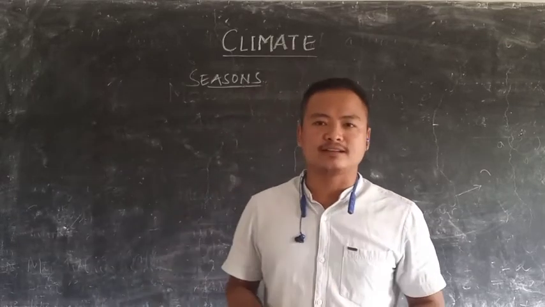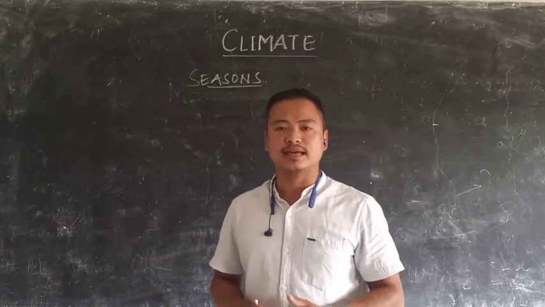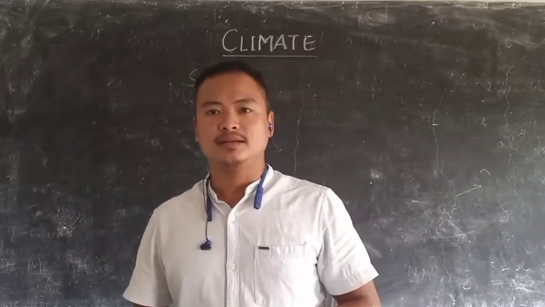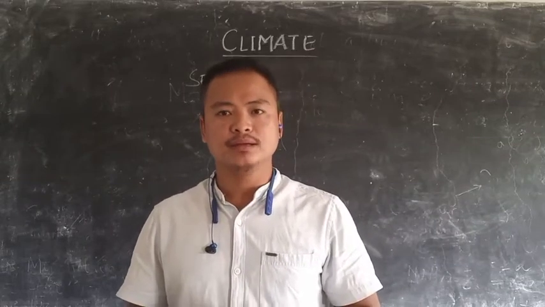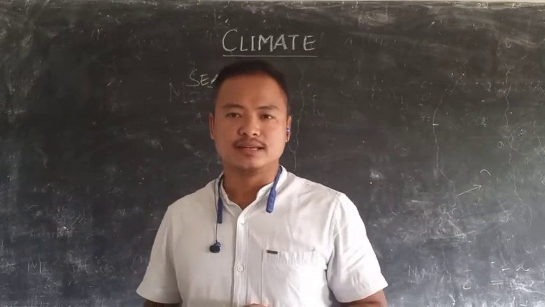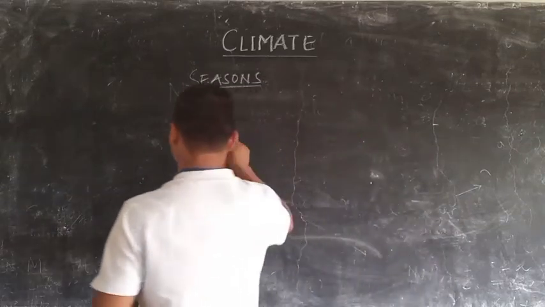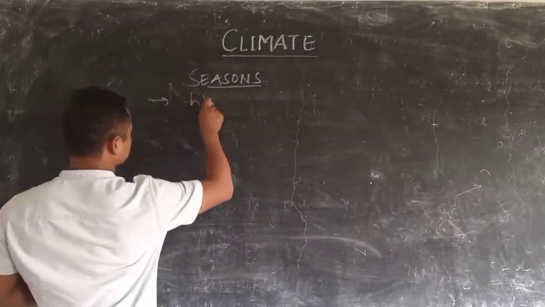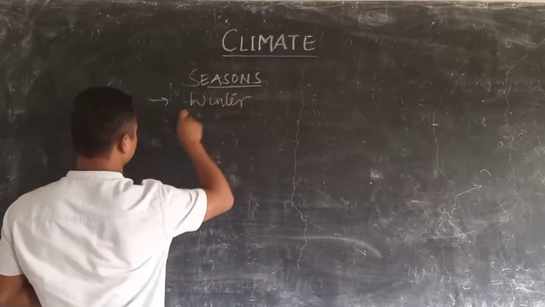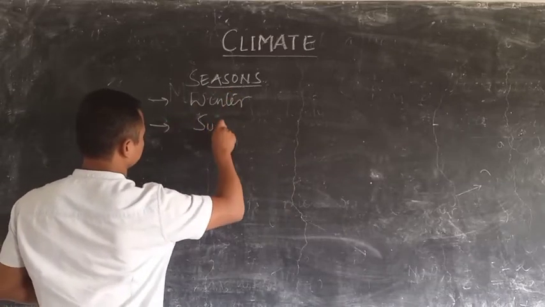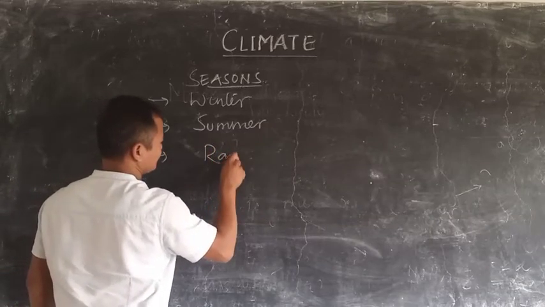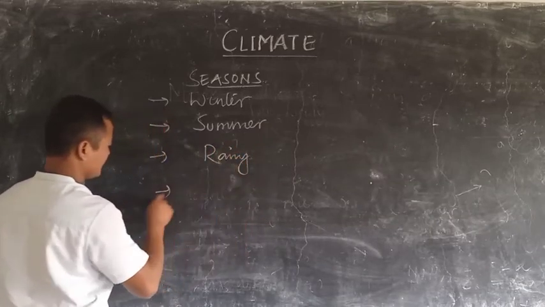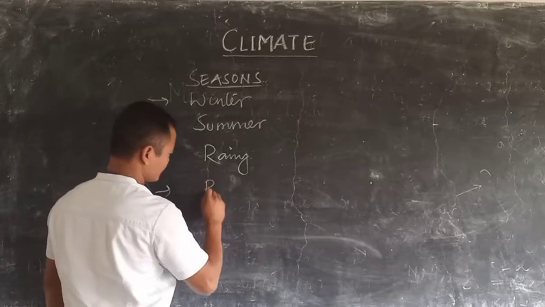Based on all the factors that moderate the climatic pattern in India, the seasons are mostly characterized into 4 divisions: the winter season, the summer season, the rainy season, and we call it the retreating monsoon season.